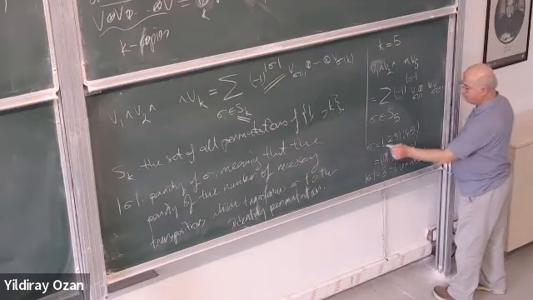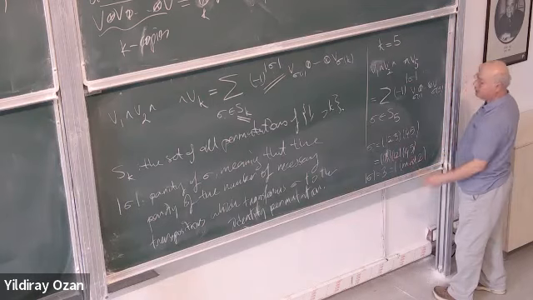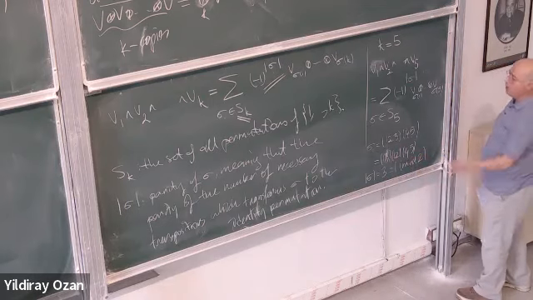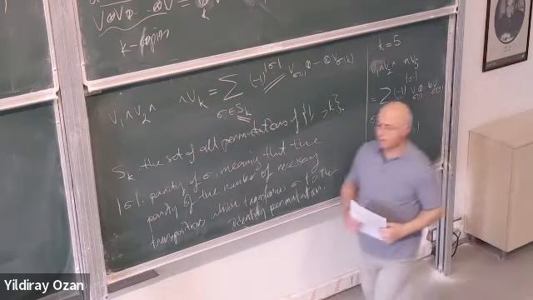Namely, you write this permutation as a product of transpositions, and then you check whether it is even or odd. Depending on whether it is even or odd, this is just plus or minus.